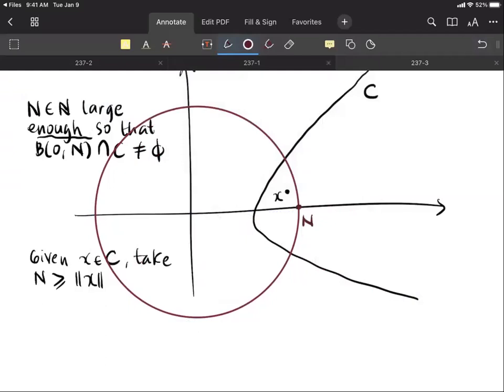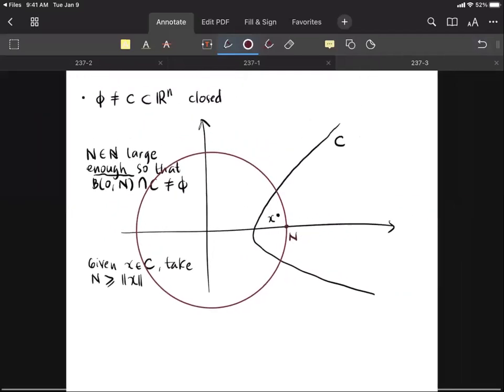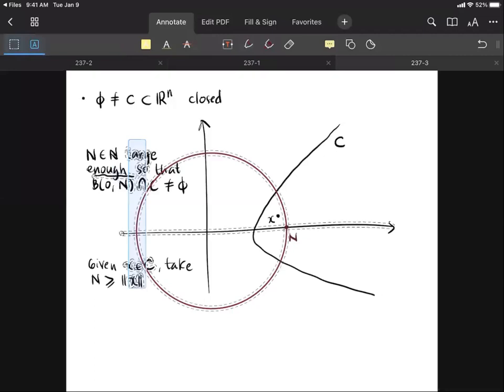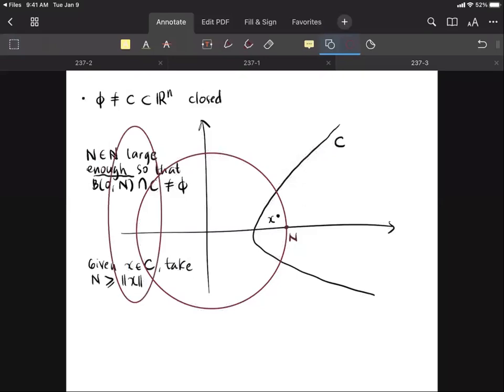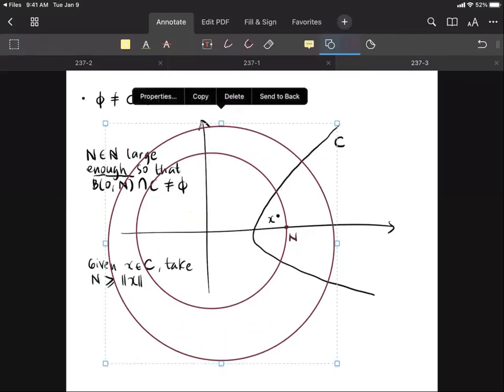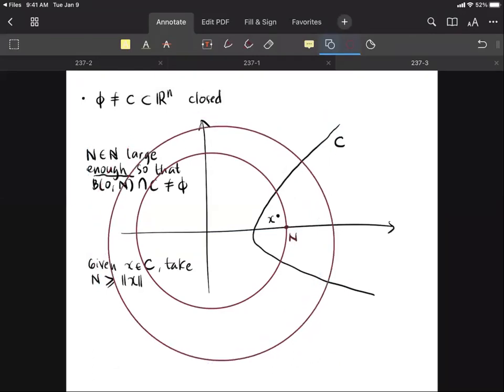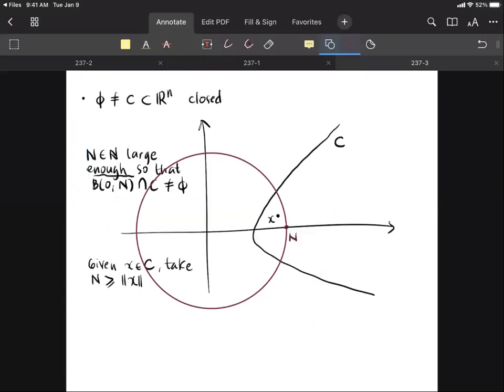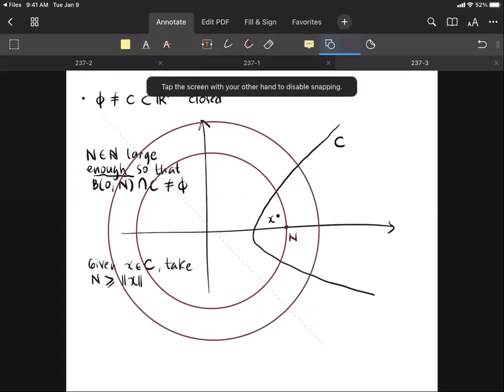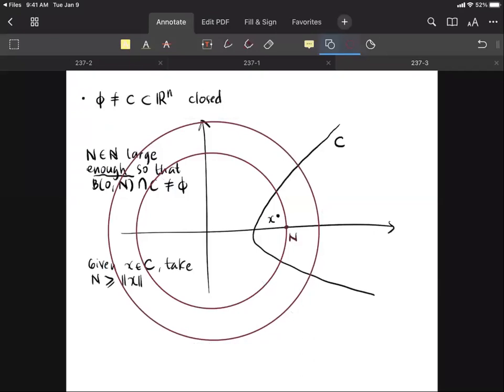And then you construct another, larger ball by increasing the radius by 1. Oops, they're not concentric. Let's make them a bit concentric. So here you will have the radius N plus 1.